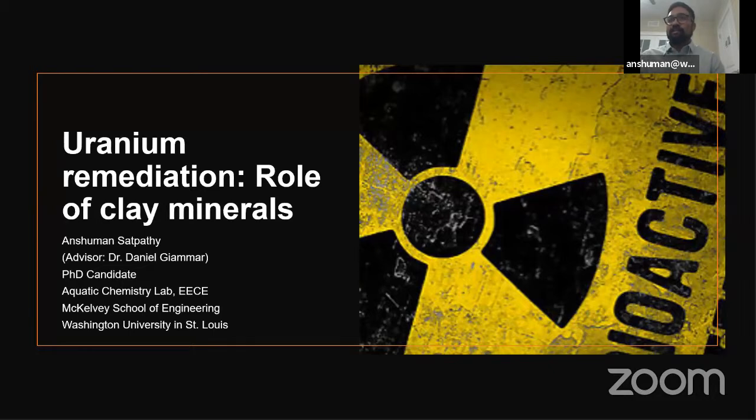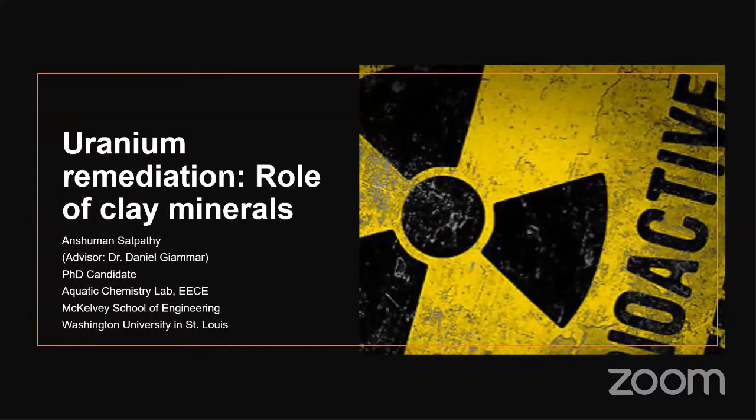But uranium-4 cannot form a strong complex with carbonate. So uranium-4 does not get dissolved from the clay structure. So that's why we are proposing reduction into uranium-4 as a successful remediation technique.